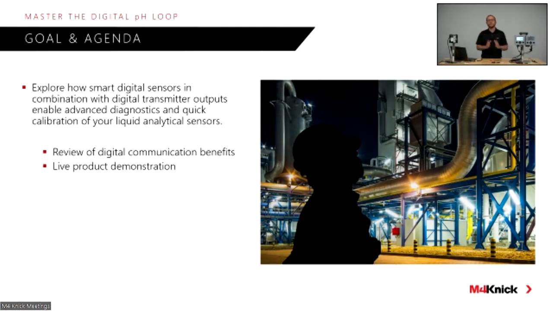And then we're going to spend a little bit of time and talk about digital communication from the transmitter to your control system and how that can benefit end users in predictive maintenance and scheduling PMs and things of that nature. So it's going to be a mix of presentation, talking about digital technology, and then we're going to wrap it up with a live demonstration, show you all some products, and specifically show you all some digital communication coming back to a control system and how that can benefit you.